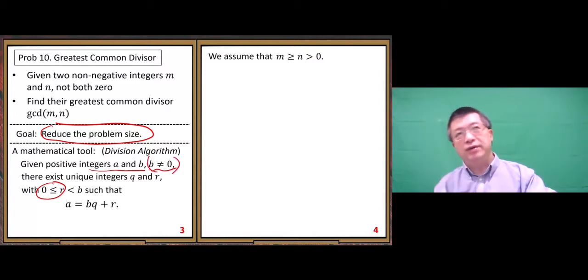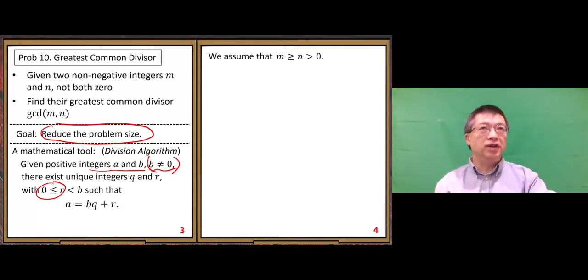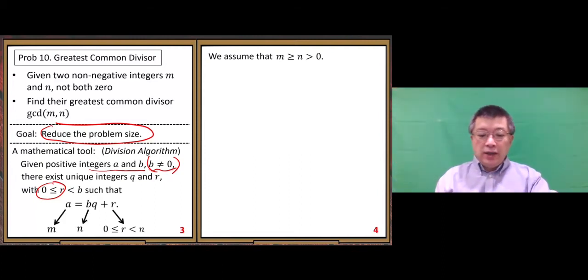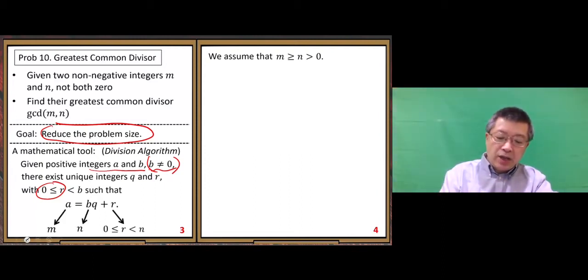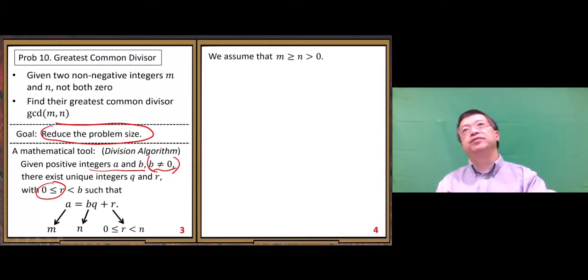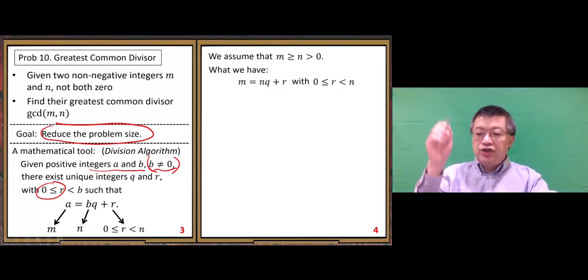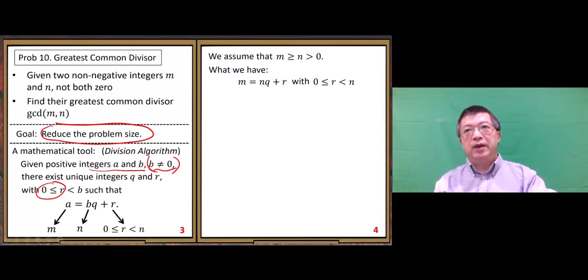Definitely b cannot be 0, because we already considered when one is 0, we have that answer easily, so we can exclude that. If we place m, n here, we get this new version by applying the division algorithm. Now we can use it to solve the GCD problem.